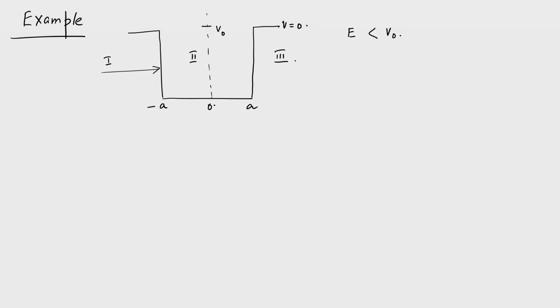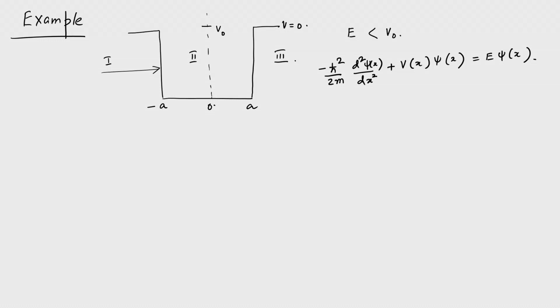And we can solve this problem. We can solve the Schrodinger equation. Just to remind you, it is written as d2 psi dx2 plus V of x psi of x, it's a one dimensional problem, and this is equal to E psi of x. Okay. So, it's quite simple to solve.